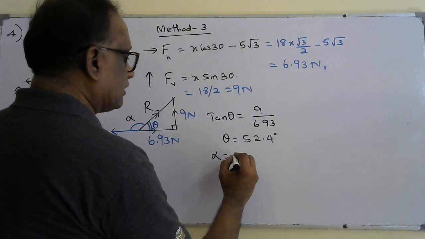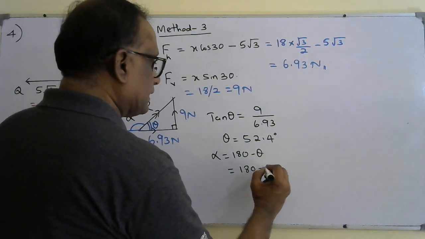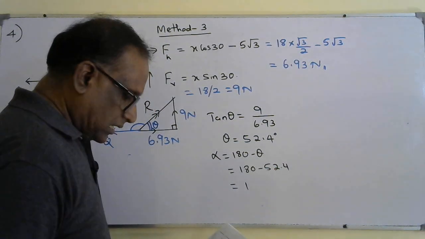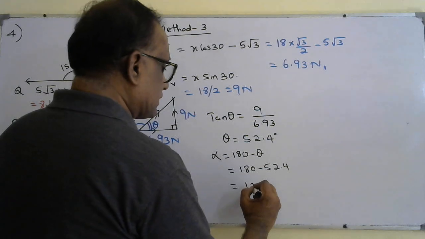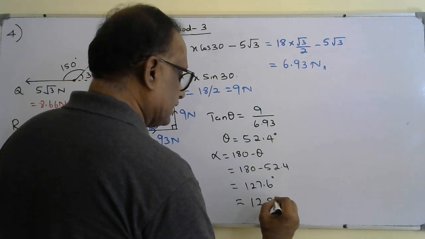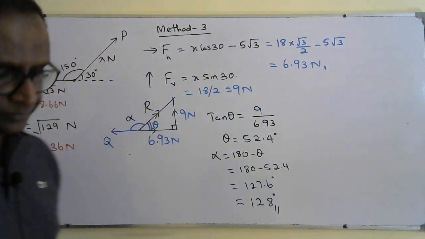So alpha is equal to 180 minus theta. So 180 minus 52.4, that will be 127.6 degree. So that will be 128 degree. Anyway, one of the three methods you can answer.